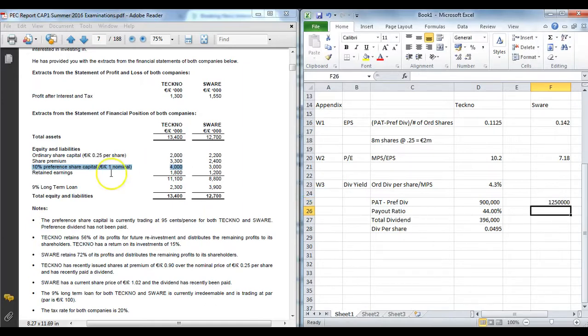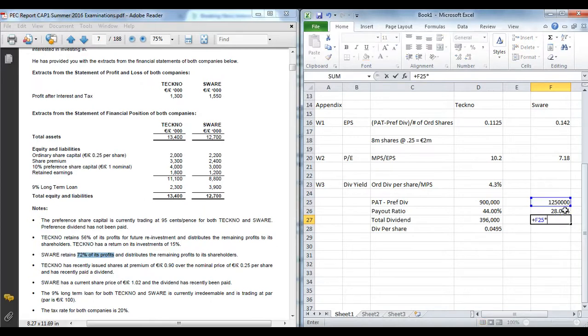The payout ratio here, they retain 72%. That means that's their retention ratio. So their payout ratio must be 100% minus 72%, which is 28%. So if you retain 72% of profits, which is also known as your retention ratio, you must pay out 28%.